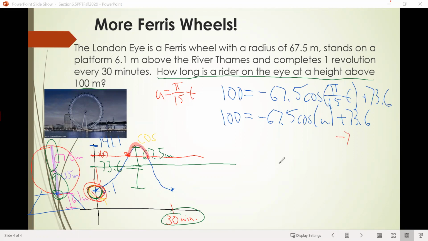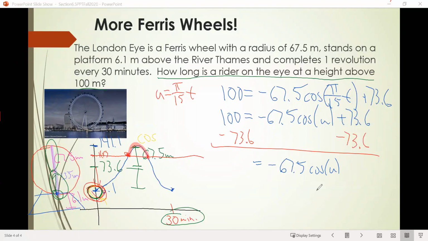So we'll subtract 73.6 from both sides. That gives us negative 67.5 cosine of u equals, over here, 100 minus 73.6, which is 26.4. Okay, we can divide by negative 67.5.